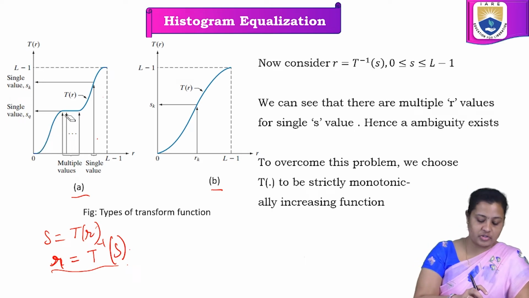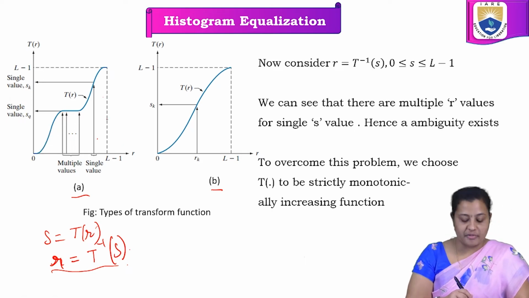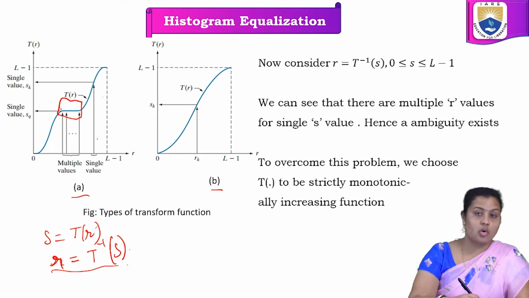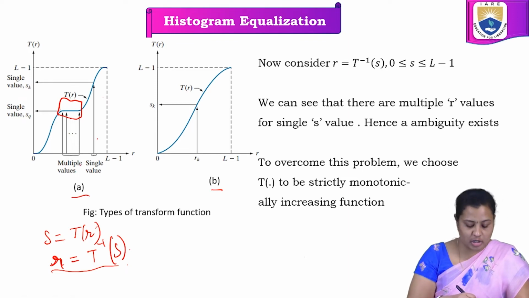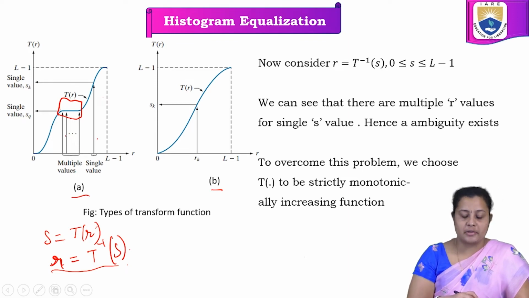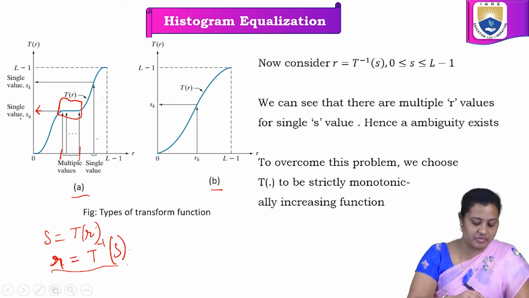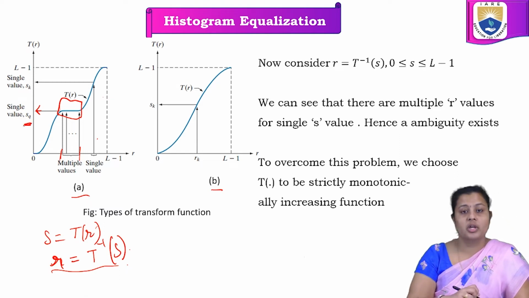Now let's observe the same thing for my graph A. Here, if we observe, I have a section where it is constant for a range of intensity values. For this range of R values, we have got the output intensity value SQ.